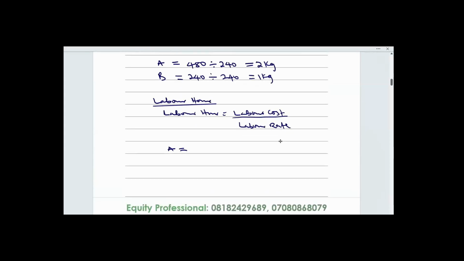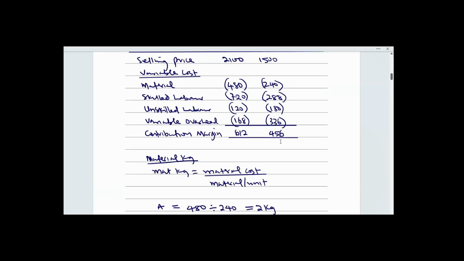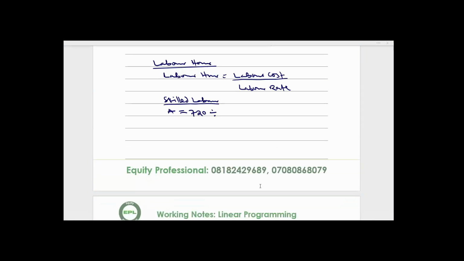For skilled labor, for grade A, labor cost is 720 over the labor rate, according to the question for skilled, 144 naira per hour.